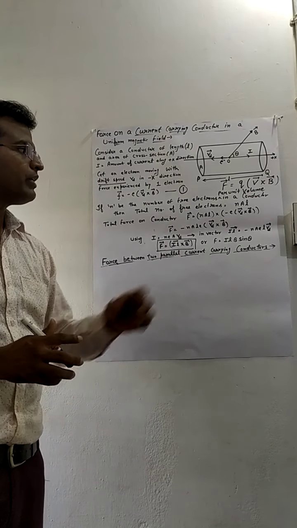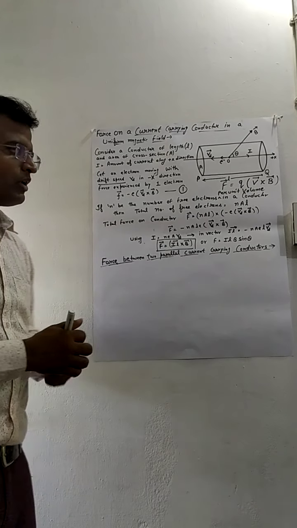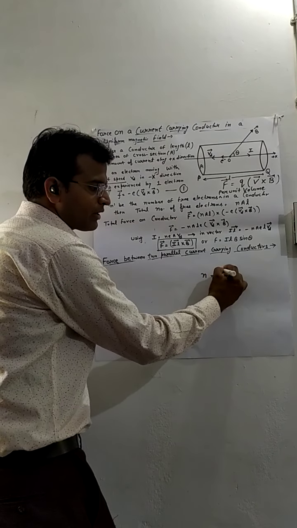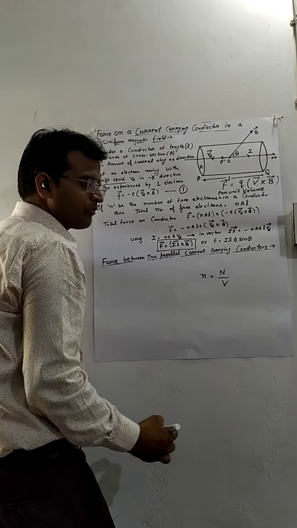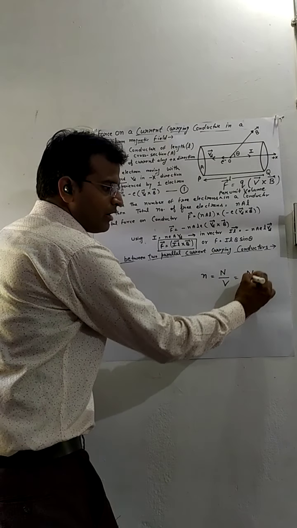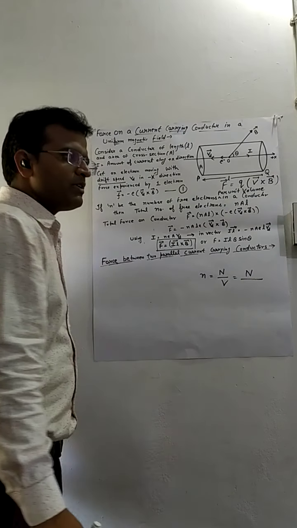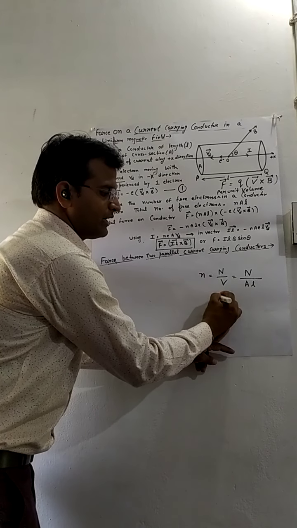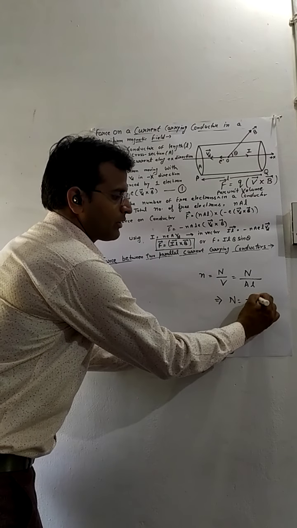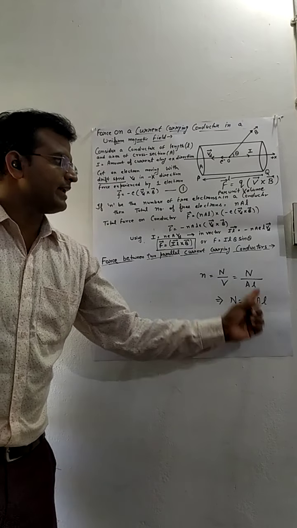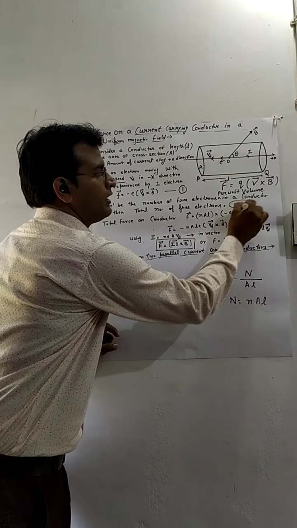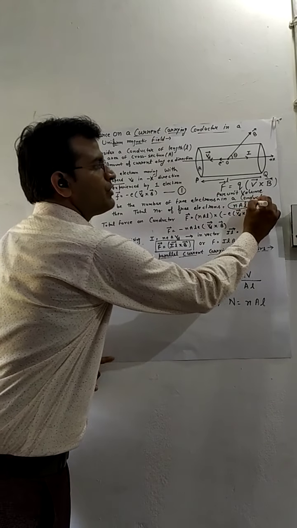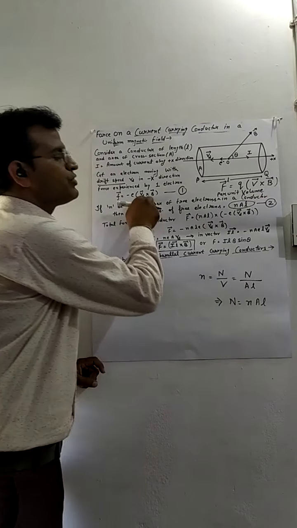Then the total number of free electrons equals n, the number of electrons per unit volume, times the volume, and volume is base area into height. So the number of electrons is n A L. This is equation number 2 and this is equation number 1.